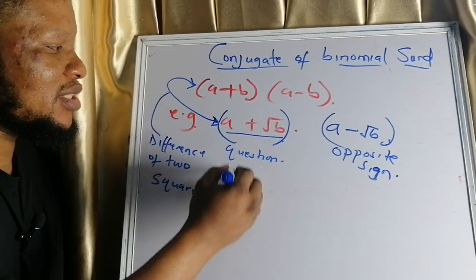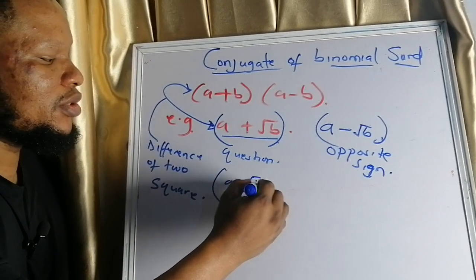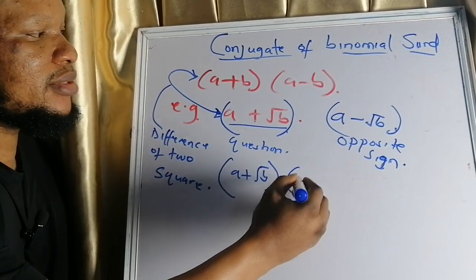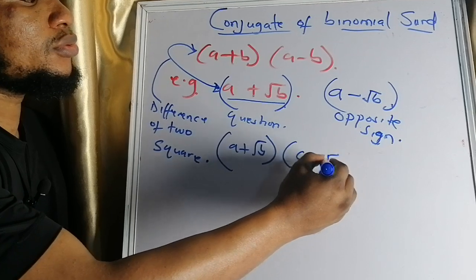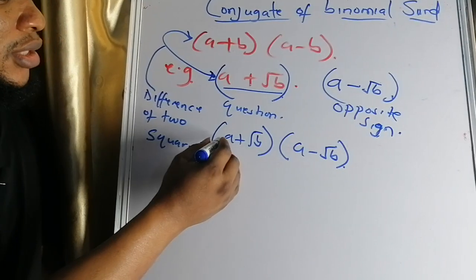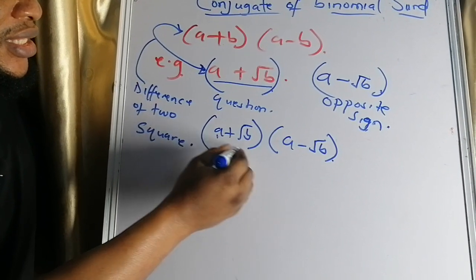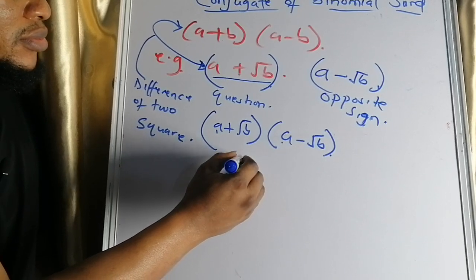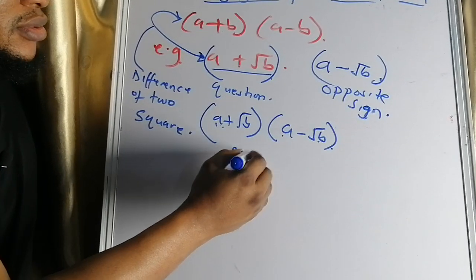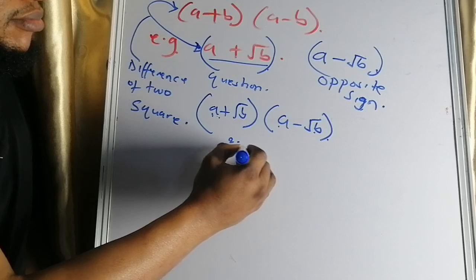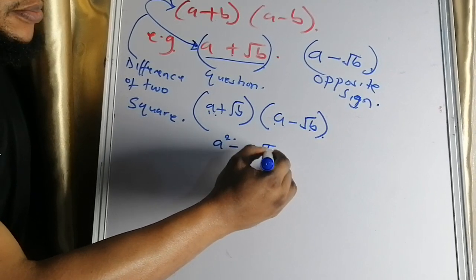So what I mean by this one is that a plus root b times a minus root b. Okay, this one is a times a, a square. A times root b. Don't forget there's minus here, minus a root b.